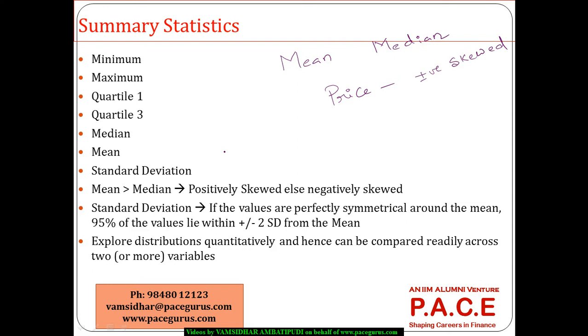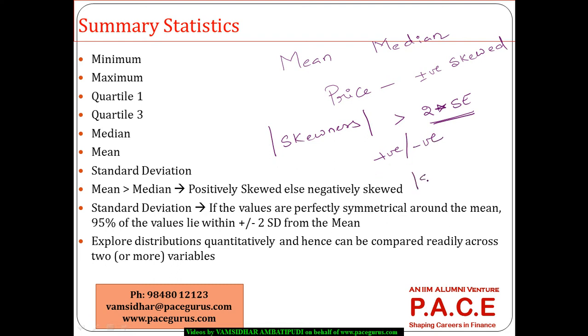If the absolute value of the skewness, ignoring the sign, is greater than twice the standard error of the skewness, we say that it is either positively skewed or negatively skewed.